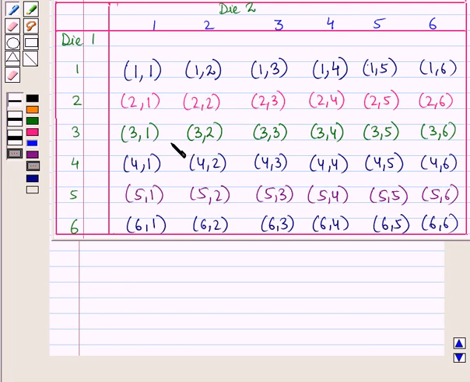Now sample space of this experiment is a set containing all these ordered pairs, and when we count these ordered pairs, they are 36 in number.